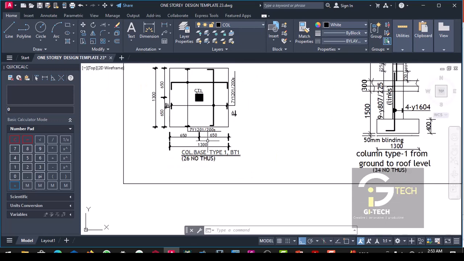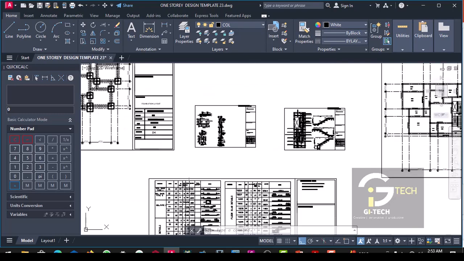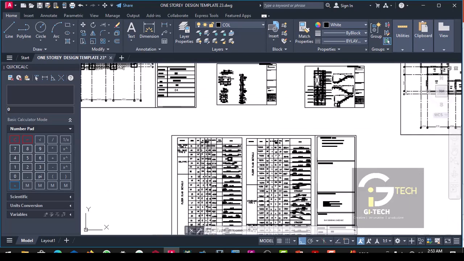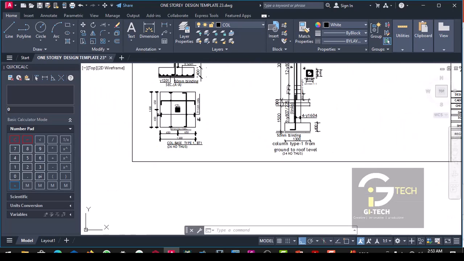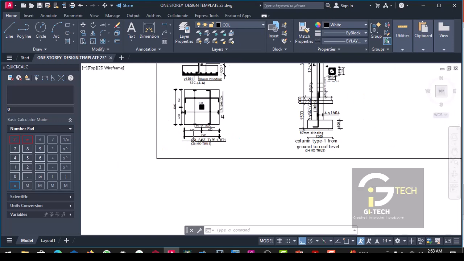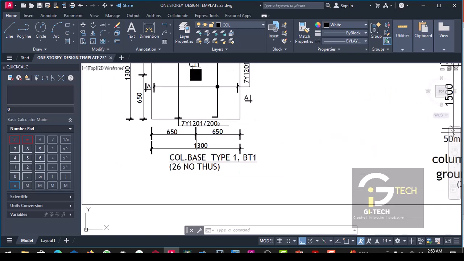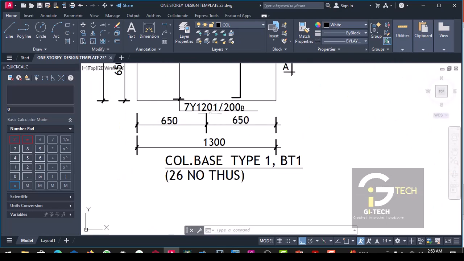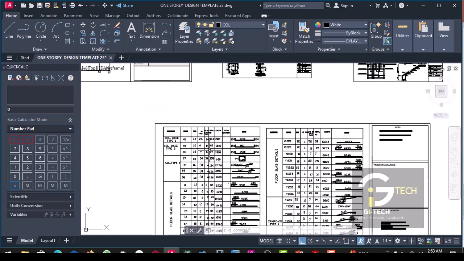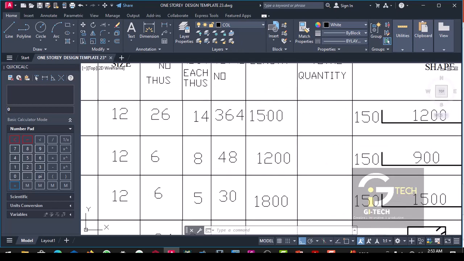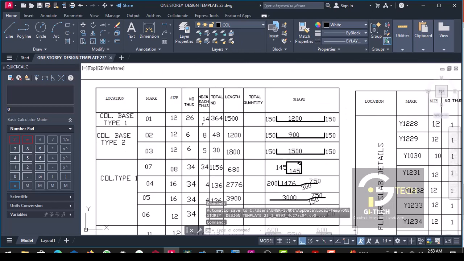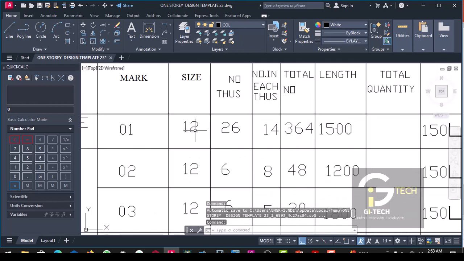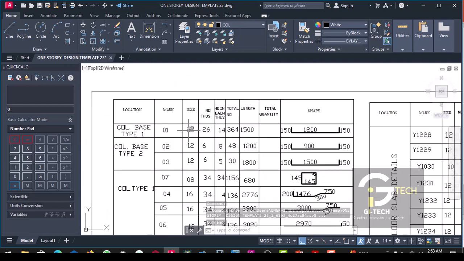So the number in each of these is 14, when you add 7 and this other 7, so you have 14. The number does is 26. Then the bar size is Y12.